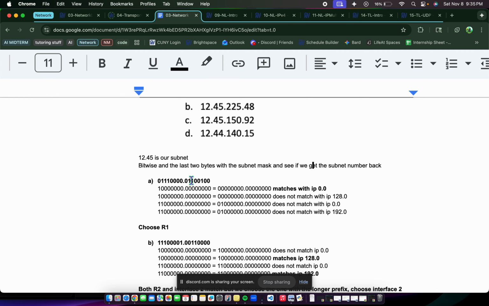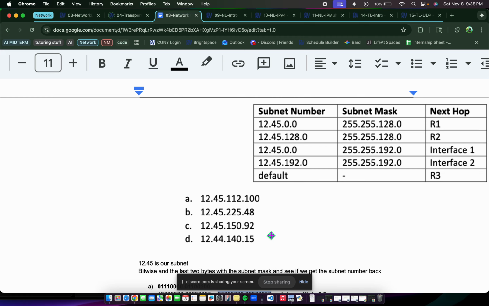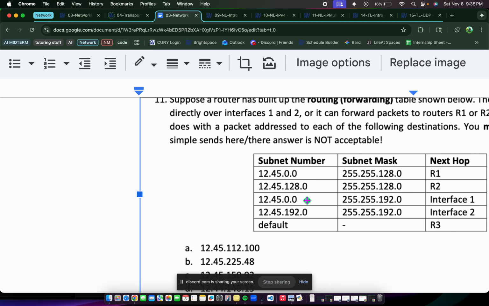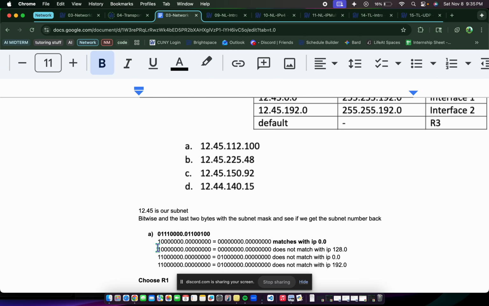Okay, so now we take the binary of our address. So that's 112, 100. Convert it to binary. Do bitwise AND. What do I get back? All zeros. My subnet has all zeros in it for those last 2 bytes. This matches. I bitwise AND with this guy.